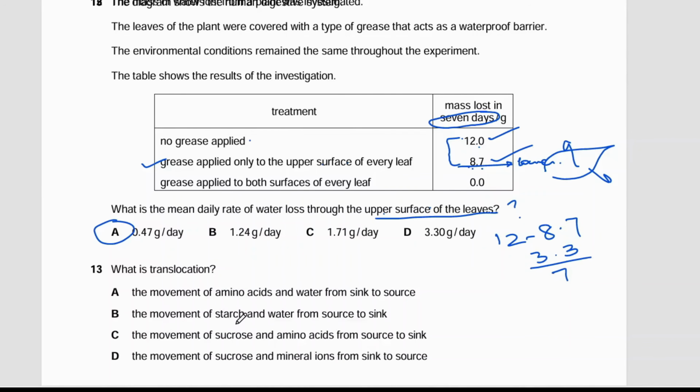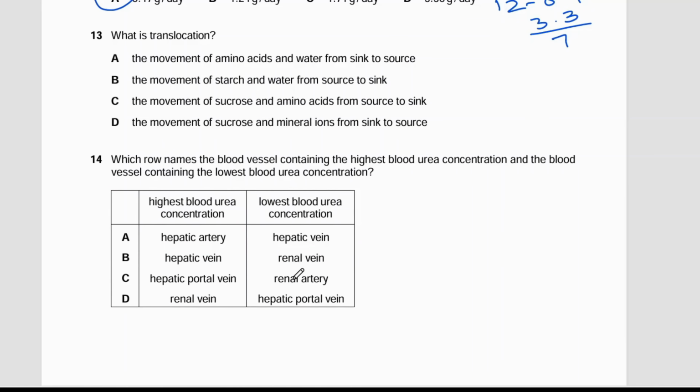What is translocation? Sucrose and amino acids to sink. Okay. Which row names the blood vessel containing the highest blood urea and the blood vessel containing the lowest urea concentration?